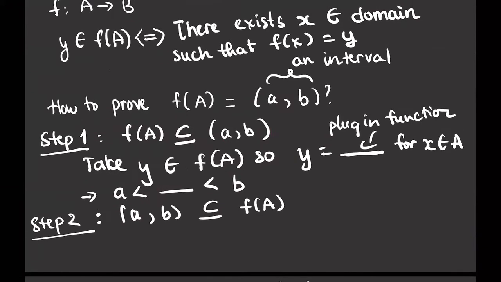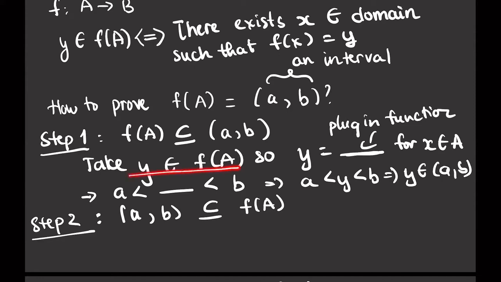So please change it and adapt to the problem, but this is the general template. And once you get to this, it means a is less than y and less than b, which means y is in the interval. So we started with y is in the image of f, and we end up with y is in the interval. So that proves the image is a subset of the interval.